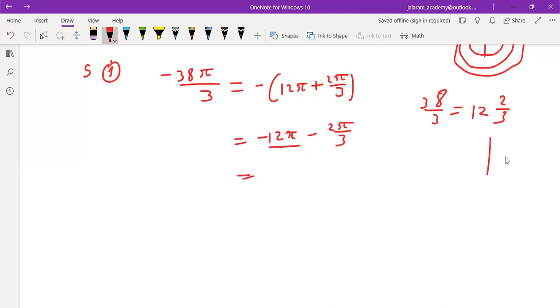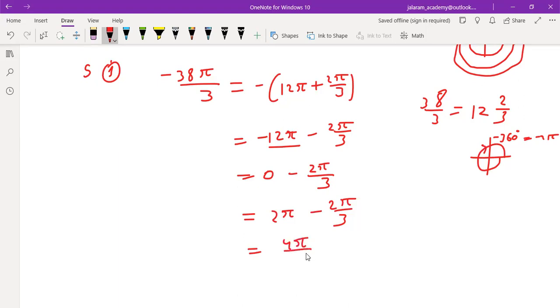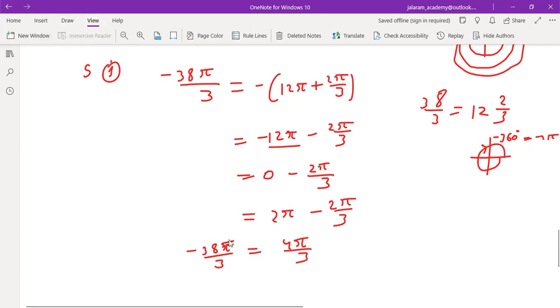This is equivalent to 360 degree in the clockwise sense, minus 360 degree or minus 2 pi. All the multiples of minus 2 pi will be considered as 0, and the remainder is minus 2 pi by 3. Now we require only positive, either 0 to 360 degree or 0 to 2 pi. So we will add 2 pi to it, so that it becomes positive: 6 minus 2 over 3, which is 4 pi by 3. So the coterminal angle to minus 38 pi by 3 will be 4 pi by 3. Hope you have understood this.